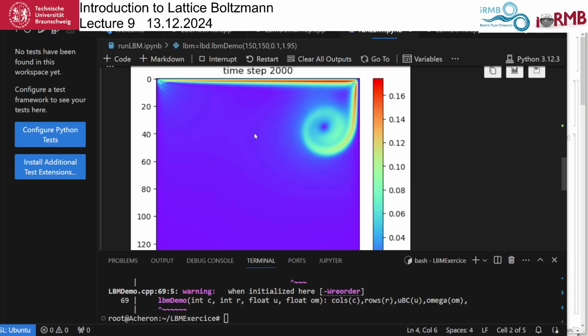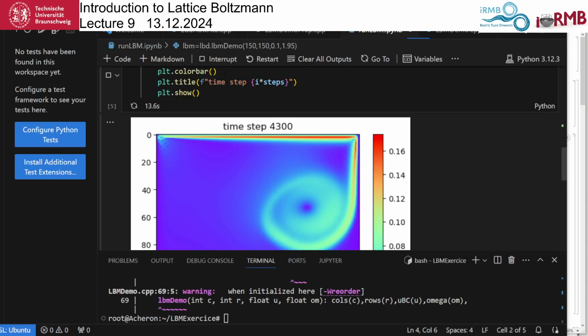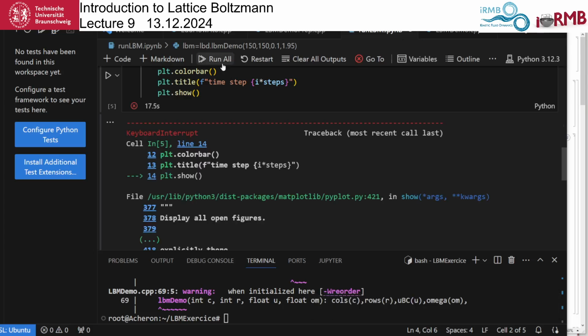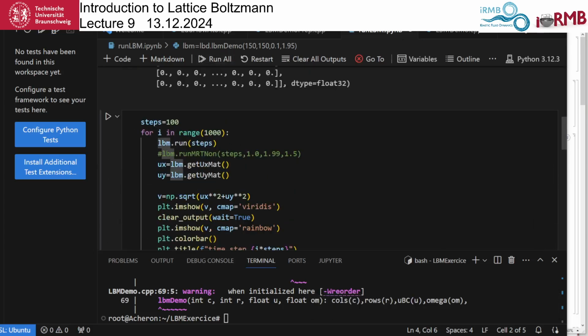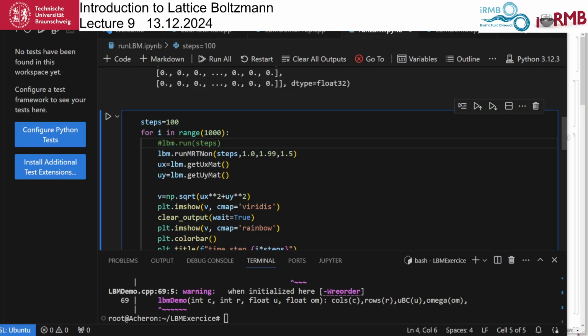This is the solution here with BGK. The first test before we do anything fancy is to see whether this is somehow correctly implemented.